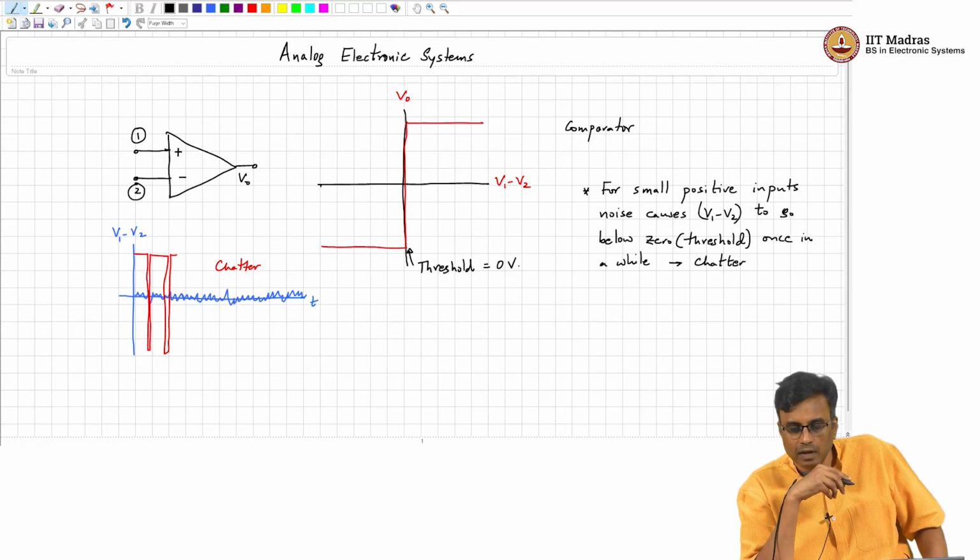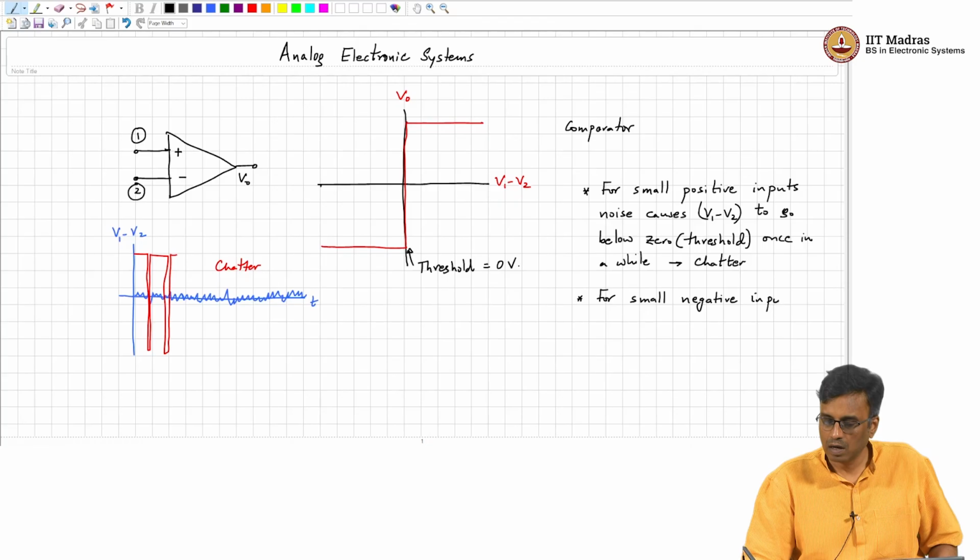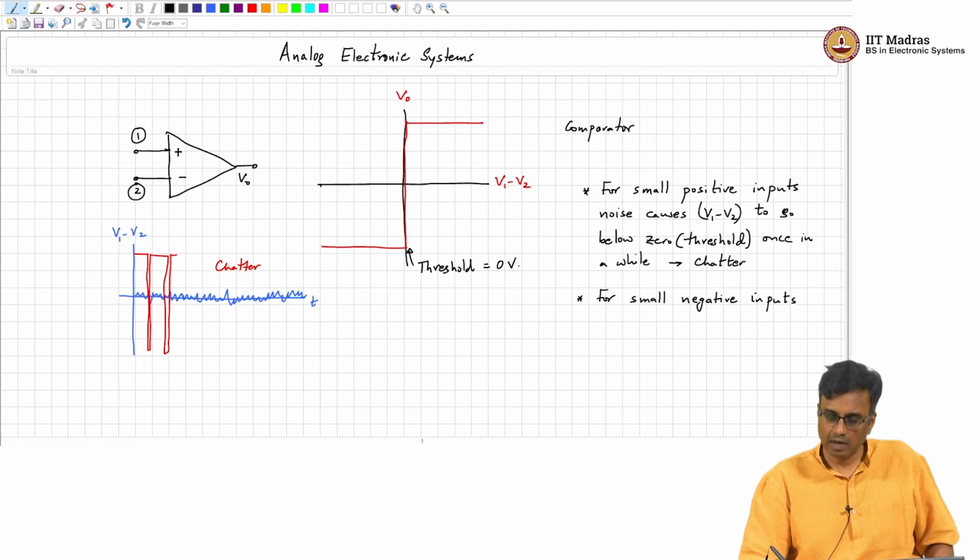All right, and likewise for small negative values, what happens?